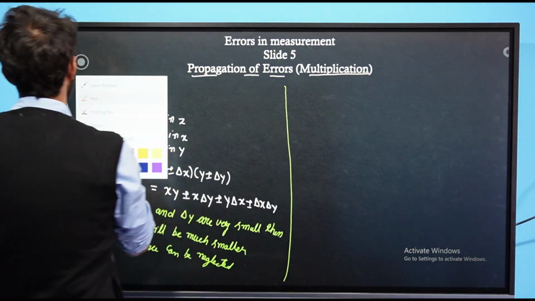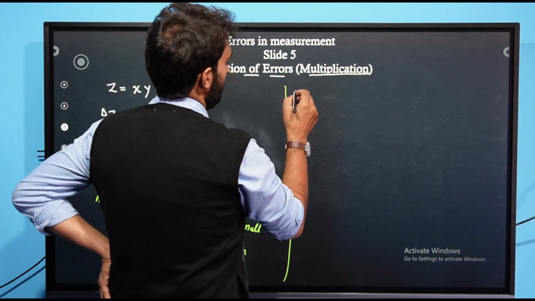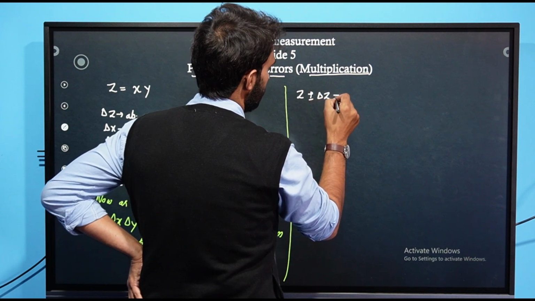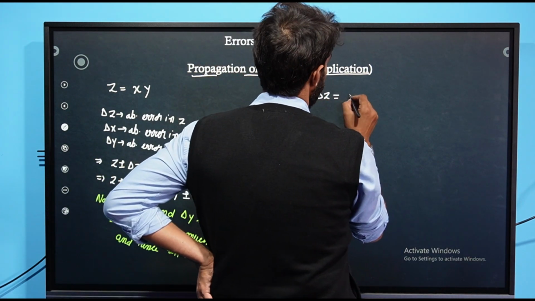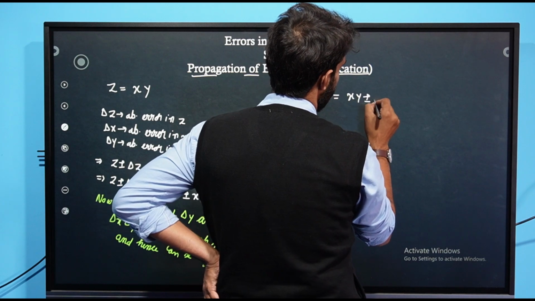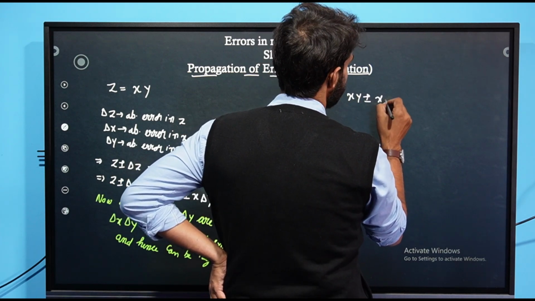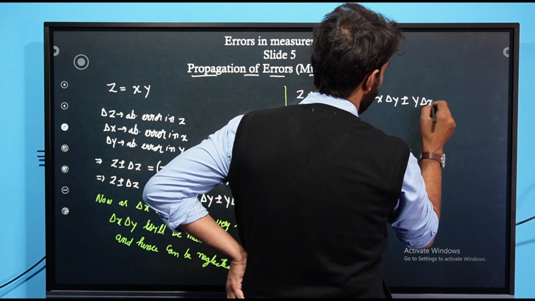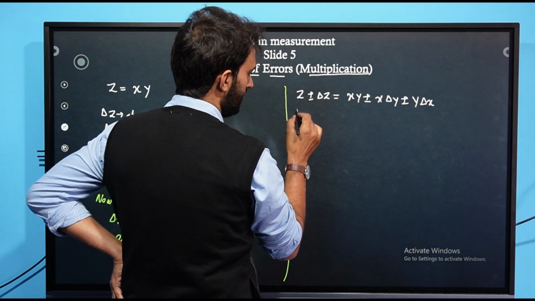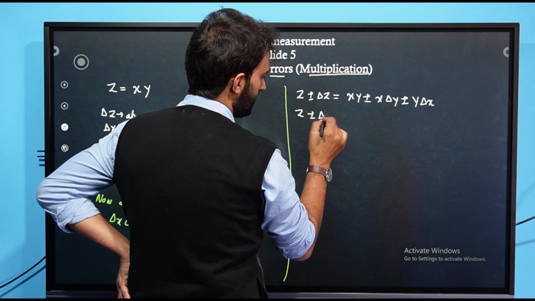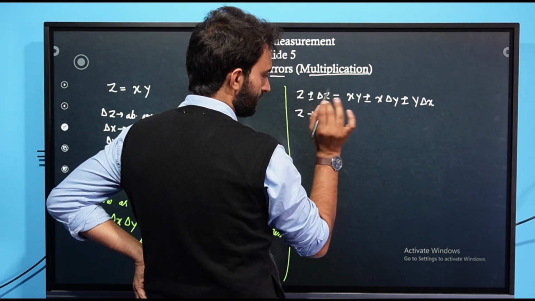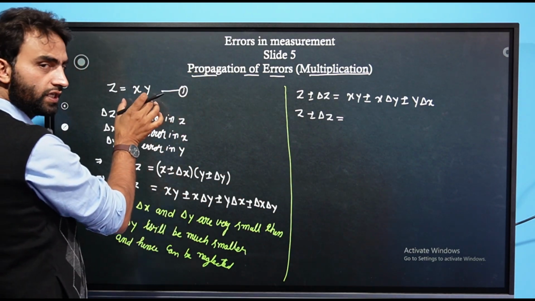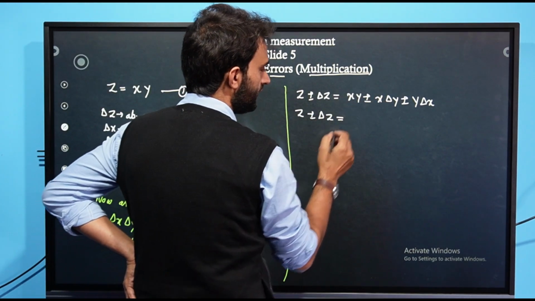So we can write this equation as z plus minus delta z is equal to xy plus minus x delta y plus minus y delta x. Okay, now see this, z plus minus delta z. So this xy, can you see this? Using equation 1, we can write this xy as z, no?